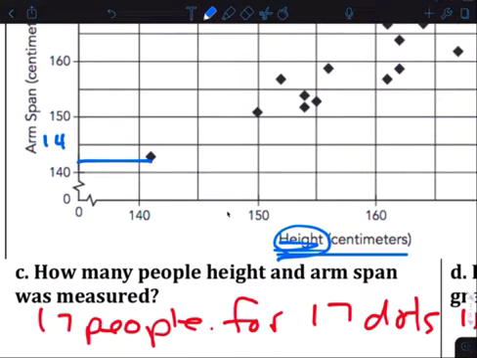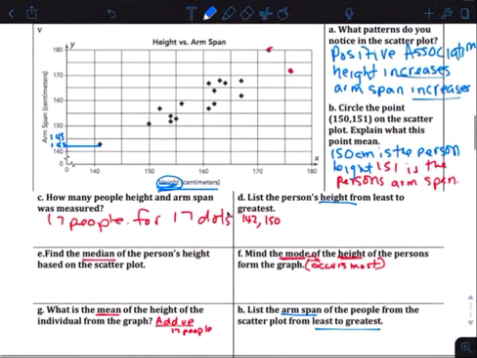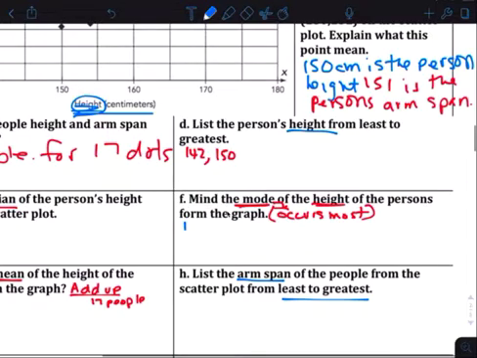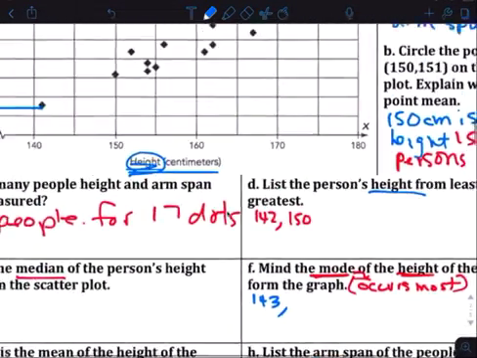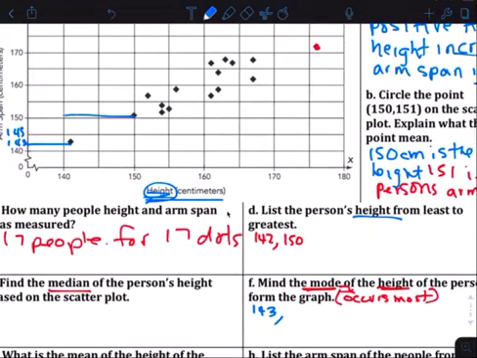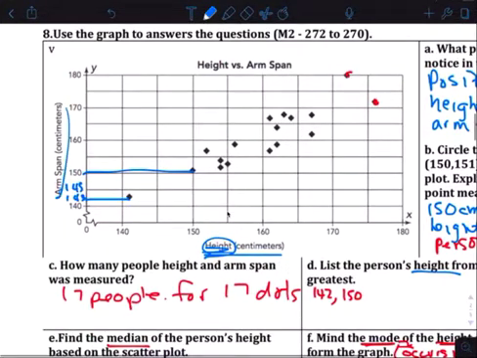This is 145. So that's probably 143. 143, 142. So it's 143. The next person is right here, 151. I'm looking at the number for the arm span here. It says arm span. So I'm looking at each person.